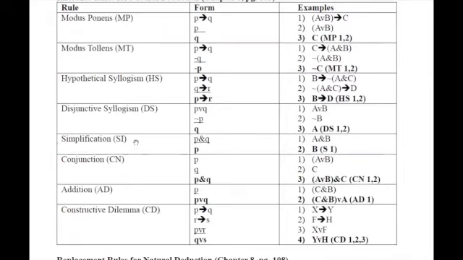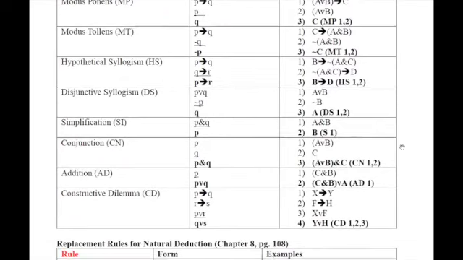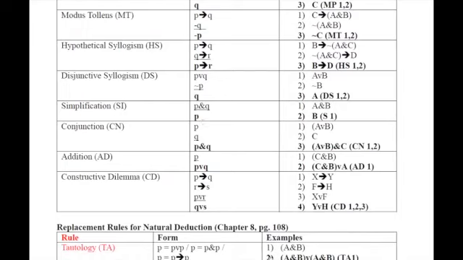Simplification. Right, we could change the name to conjunction in reverse. I think that sounds cooler to me, but most of the logic books call it simplification. Okay, so let's do conjunction in reverse, or in other words, simplification. P and Q gets us P, or it could get us Q. It doesn't matter, right? Just one of the two conjuncts we can remove, get it by itself.